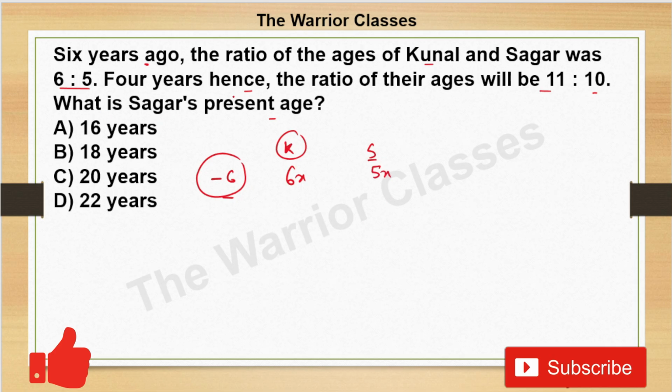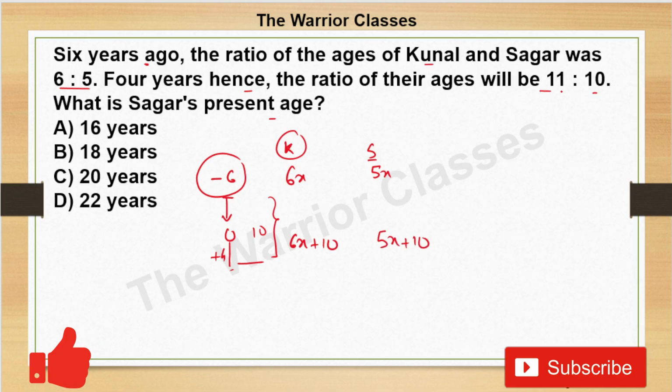Now 4 years hence, it is minus 6, so we come up to 0 and then 4 years hence. So after 4 years, we have to add 6 and 4, which is 10 years. So it is 10 years till here. After 10 years, Kunal's age will be 6x plus 10, and Sagar's age will be 5x plus 10.